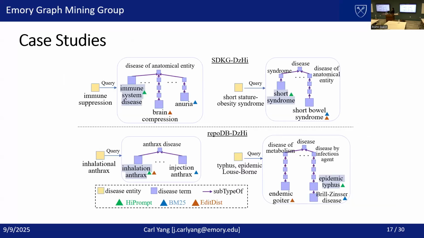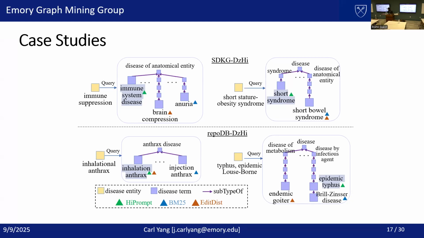So these are some case studies. We also got help from our collaborators, and this was an example I found myself, without much medical knowledge, and I find it pretty intuitive. You have a query entity called some short stature obesity syndrome. If you ask your model to find the closest one, sometimes you find this short syndrome, which just looks close, seems pretty close.